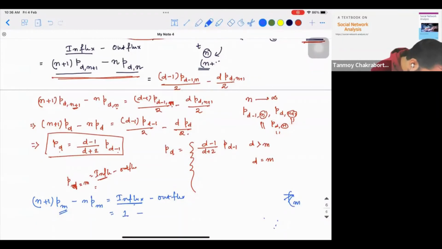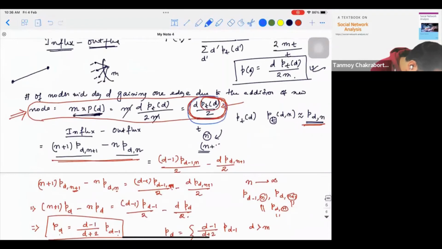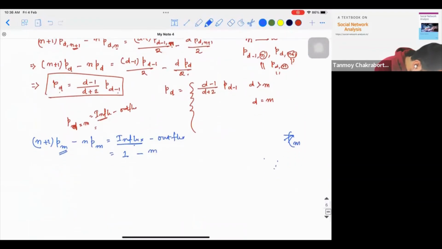To calculate outflux, what do we do? Again go back to this equation. So this would be m times PM by 2. Okay, so if we simplify this, you will see that this m PM here, the m PM will cancel out, so we have PM equals 1 minus m PM by 2, which is PM equals 2 by (2 plus m).